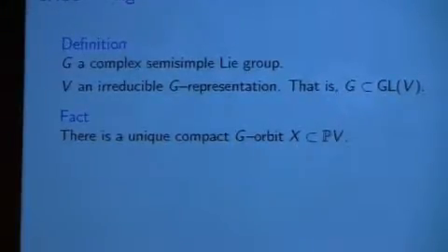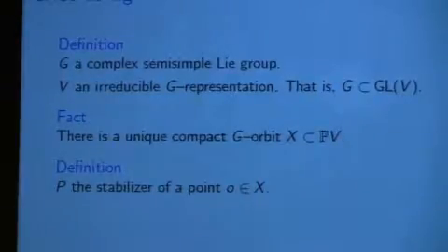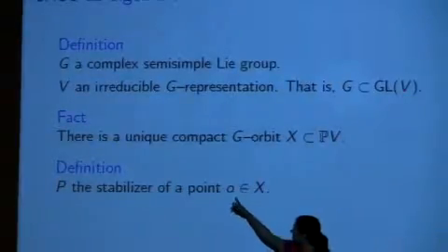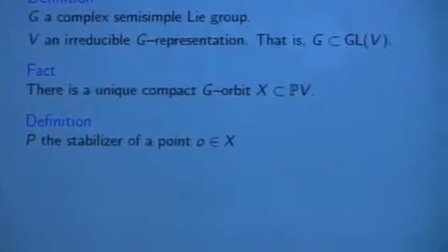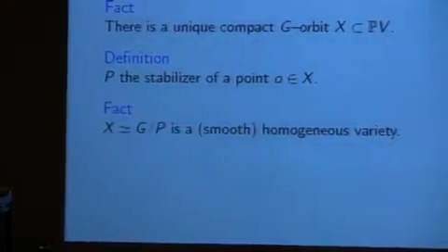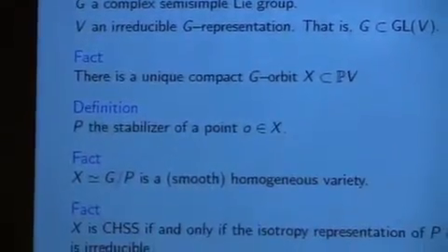In projective space, that unique compact orbit is the orbit of a highest weight vector or a highest weight line, and P is the stabilizer of that line, that point in projective space. This is a smooth homogeneous variety, so it's a very nice space to look at.